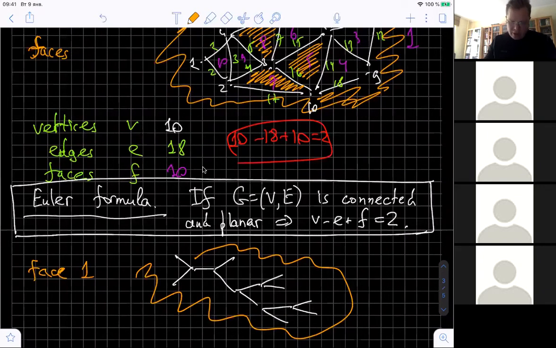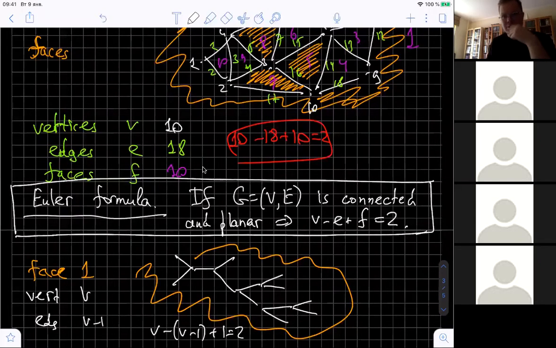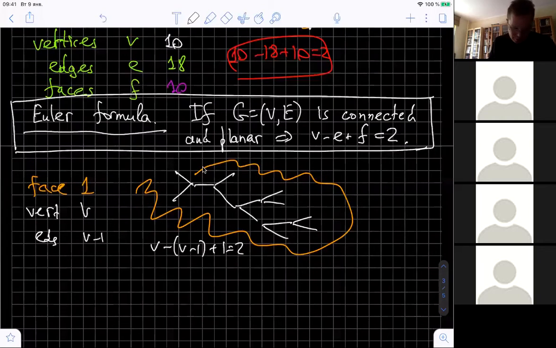And you know that if this graph is a tree, the number of vertices is one more than the number of edges. If you have v vertices, then we have v minus 1 edges. So it will be v minus 1 plus 1 is equal to 2, and so it is obvious. So it is true.